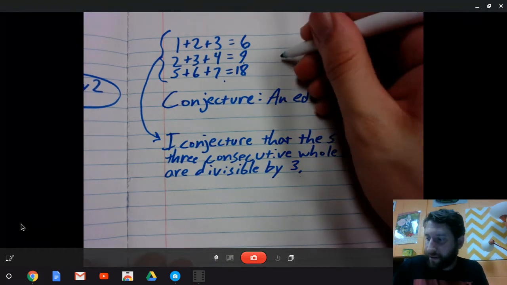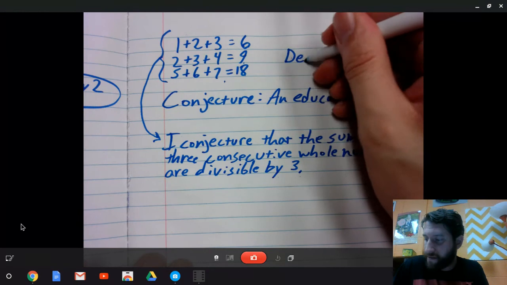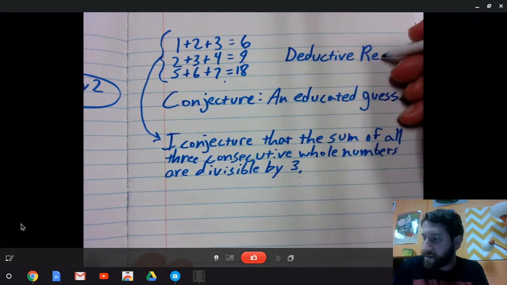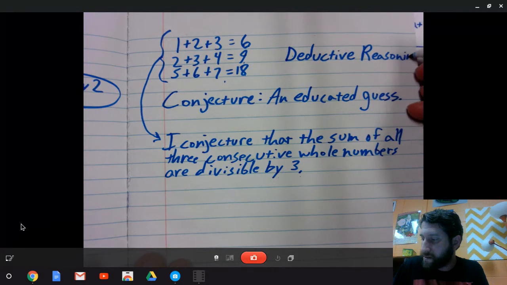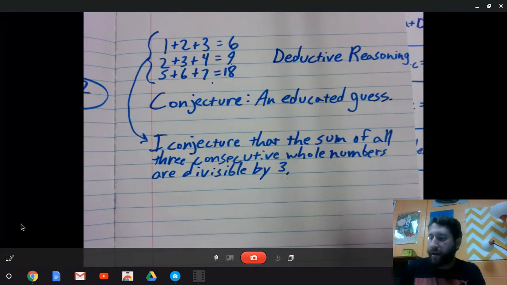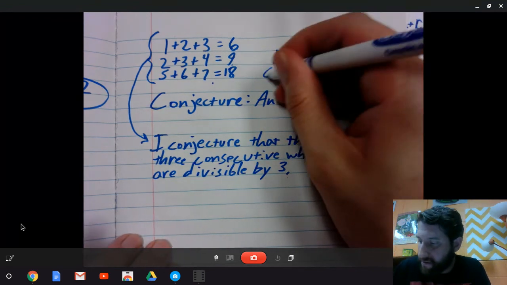So deductive reasoning, let me write that down. Deductive reasoning. Deductive reasoning, that is a conclusion based on logic.